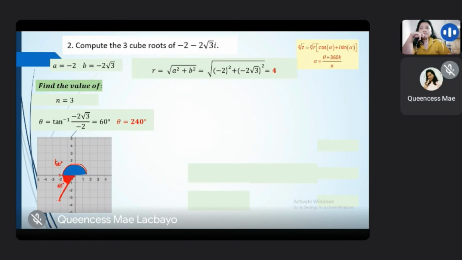So, 180 plus 60 is 240. So, our theta is 240 degrees.